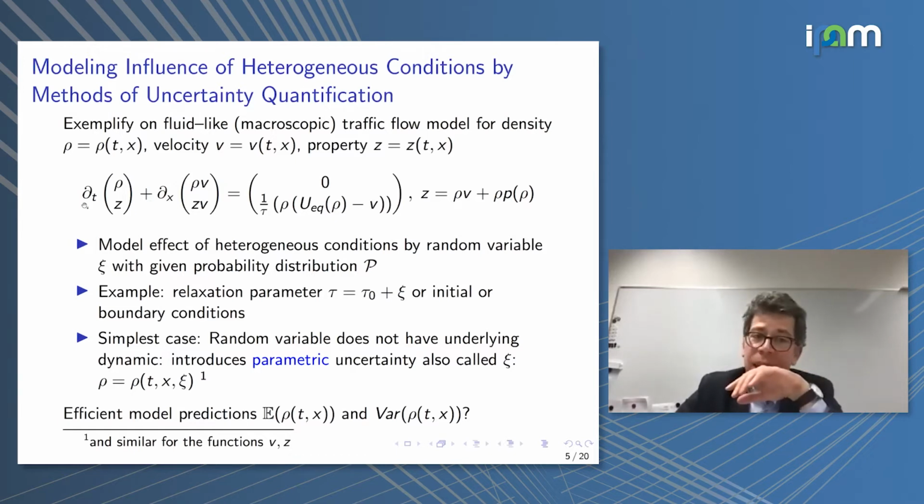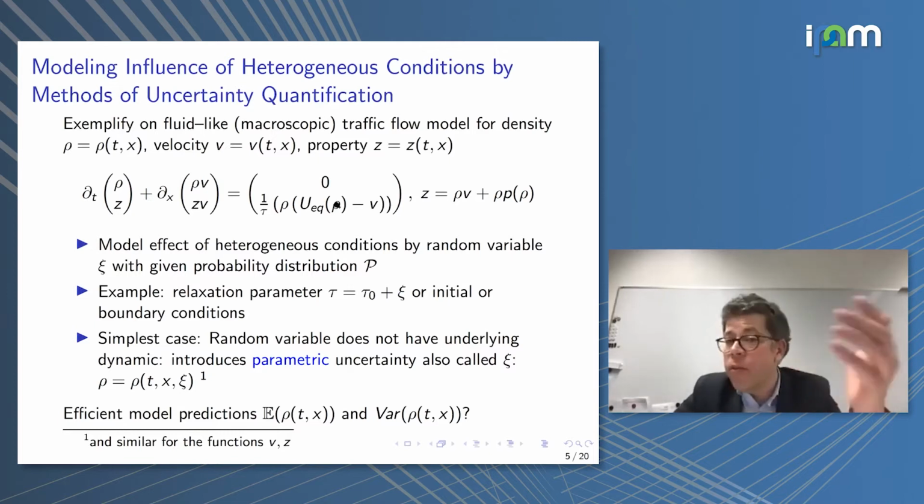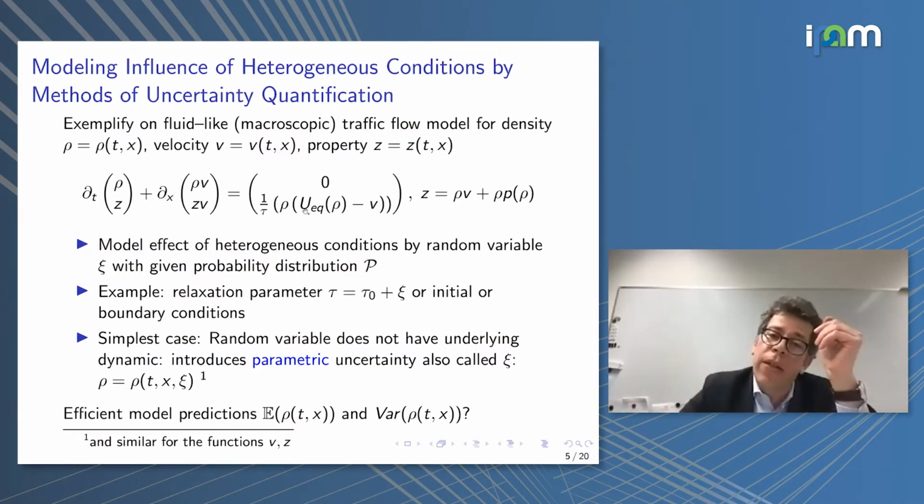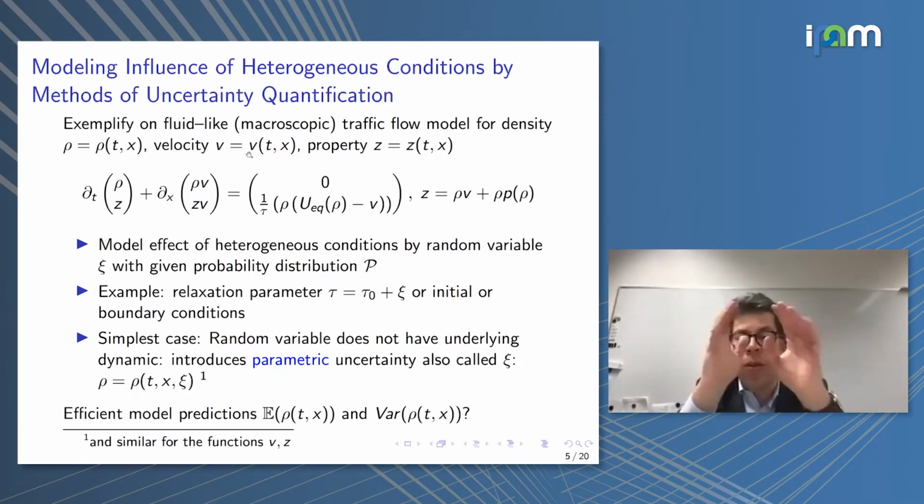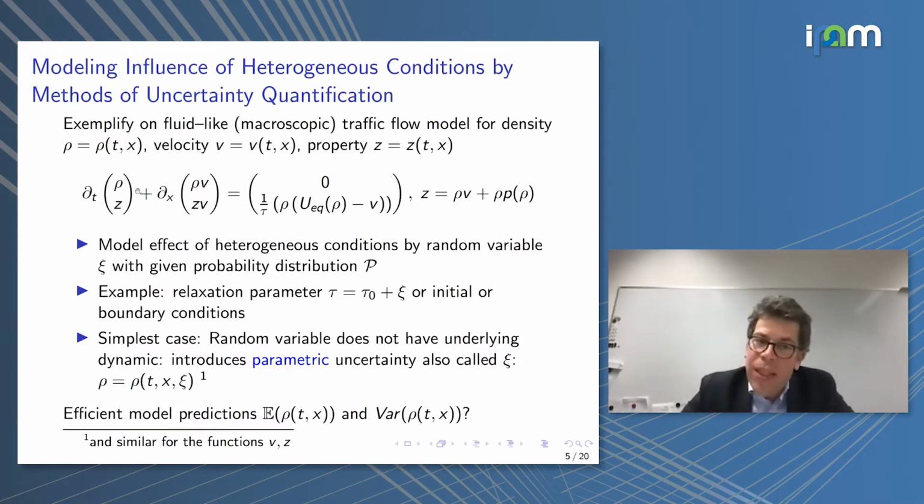Then you have a nonlinear hyperbolic transport equation plus maybe a source term, which gives you possibly a relaxation to some desired equilibrium velocity. I don't want to discuss the properties of the models. There are a lot of other talks on this kind of model, even in this workshop. It's a nonlinear hyperbolic model because of this transport. It's simple because it's only spatially one-dimensional, but still has some interesting features.